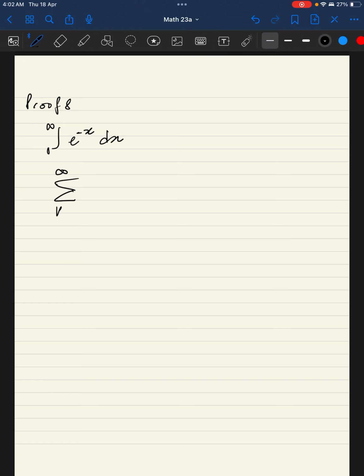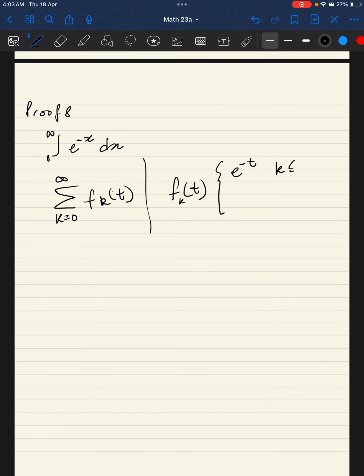So the sum from k equals 0 to infinity of f_k(t), where f_k(t) is e to the minus t for t in [k, k plus 1), and 0 otherwise.